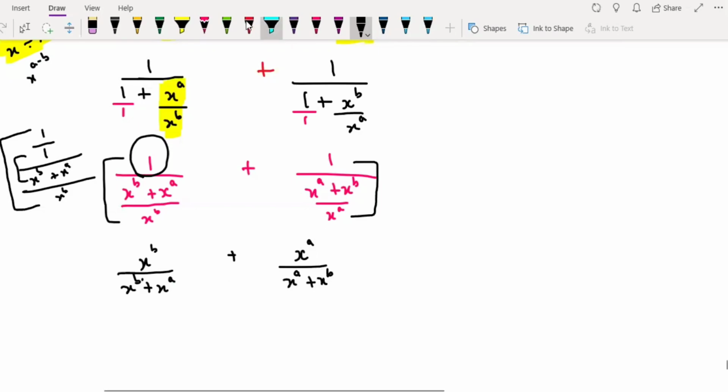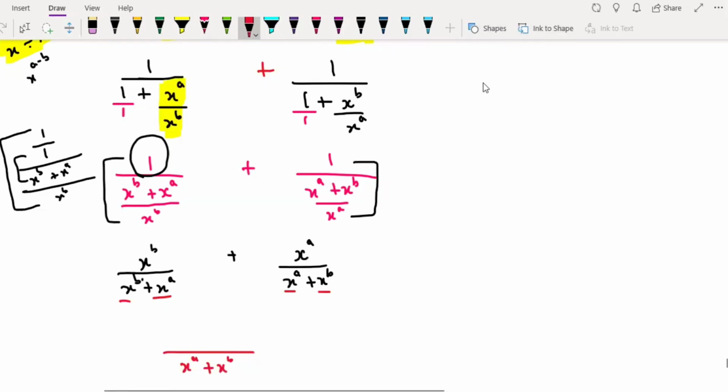As you can see, the denominator is similar, so our LCM will also be similar. What will be our LCM? That is x to the power of a plus x to the power of b. Here x to the power of a, here also x to the power of a; here x to the power of b, here as well x to the power of b. The LCM is similar, right? Because the terms in the denominator are similar, the LCM will also be similar. We just need to add our numerators.